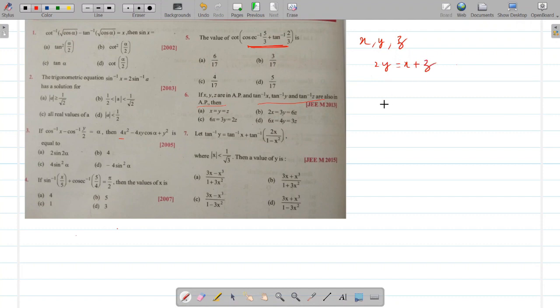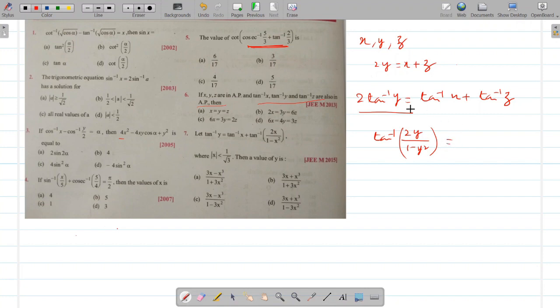And it is also given that tan inverse of x, tan inverse of y, and tan inverse of z are in AP. So we can write 2 tan inverse of y is equal to tan inverse of x plus tan inverse of z. So 2 tan inverse of y can be written as tan inverse of 2y upon 1 minus y square.